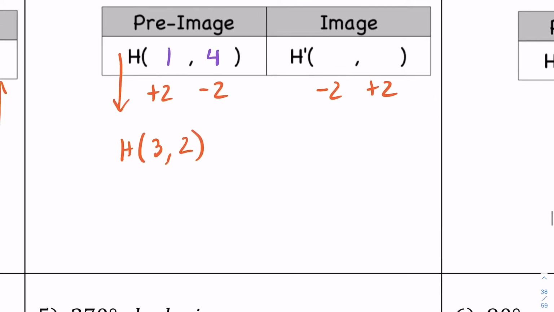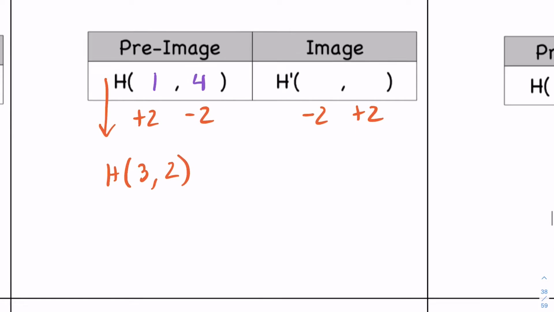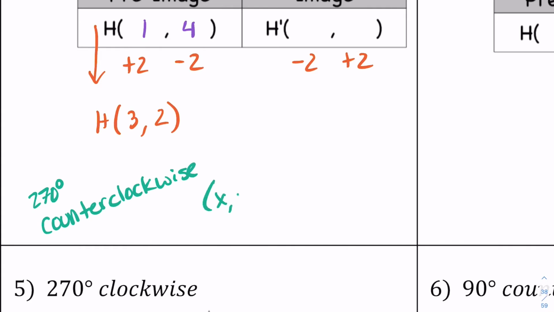We're going to perform the operation, 270 counterclockwise. 270 counterclockwise is x comma y maps onto y, opposite x.